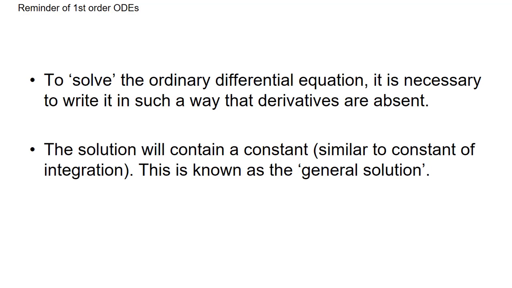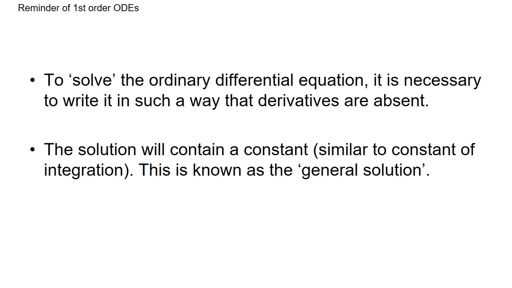When we talk about solving a differential equation such as these, the whole point is to write it in such a way that we don't have any derivatives there. Ideally, we'd like to be able to say that our function is equal to, for example, y equals, and then name y in terms of x.